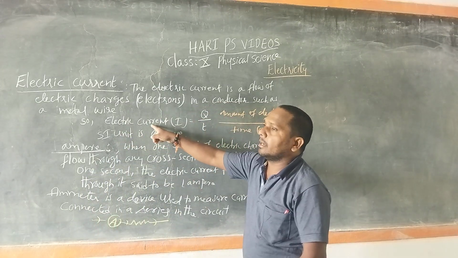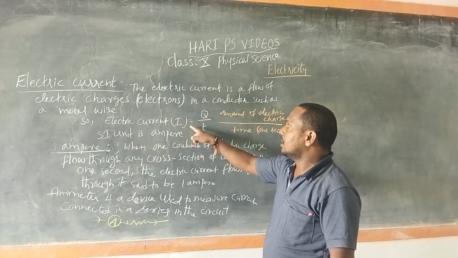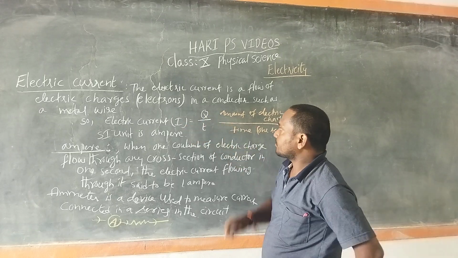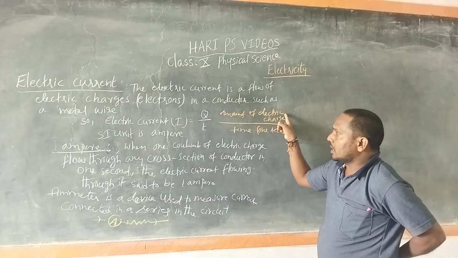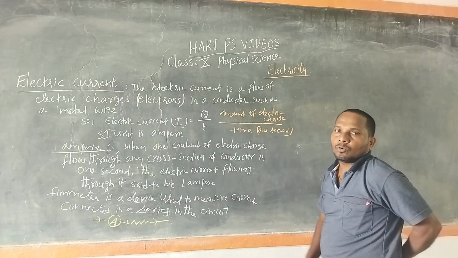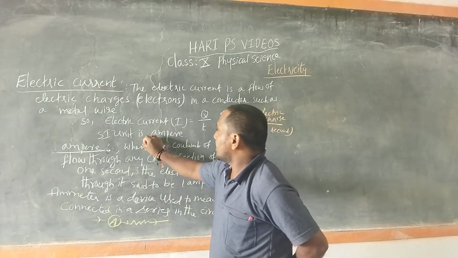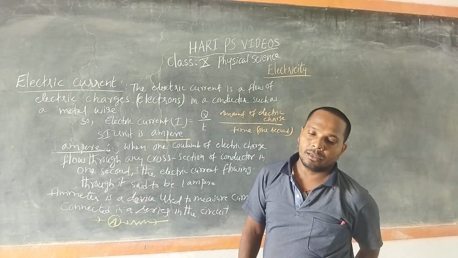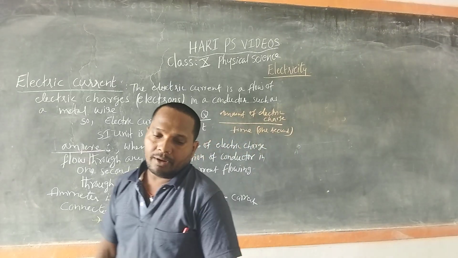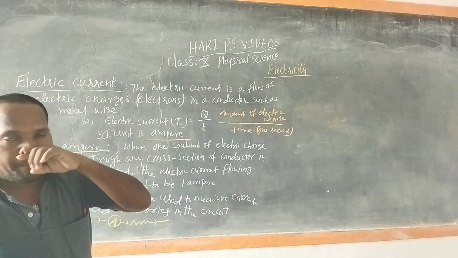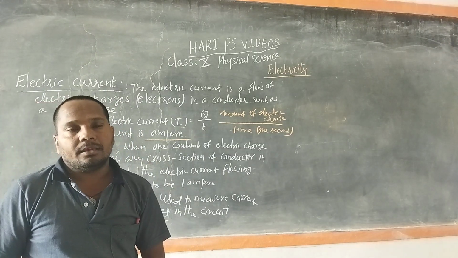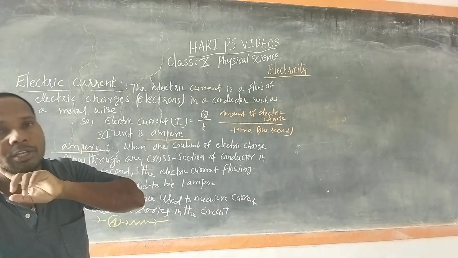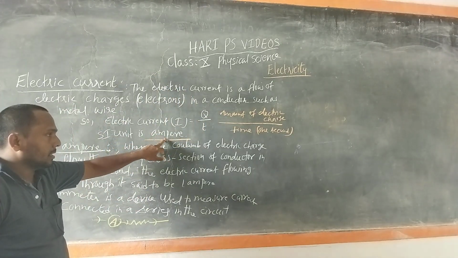Electric current is represented by I. So I is equal to Q by t, the amount of electric charge by time. The SI unit of electric current is ampere.